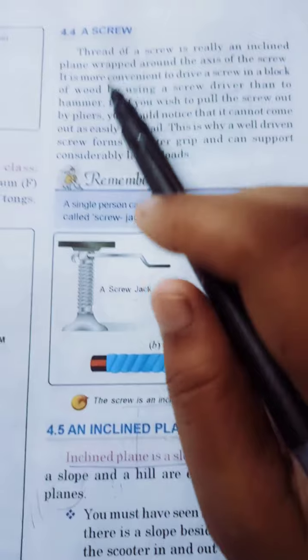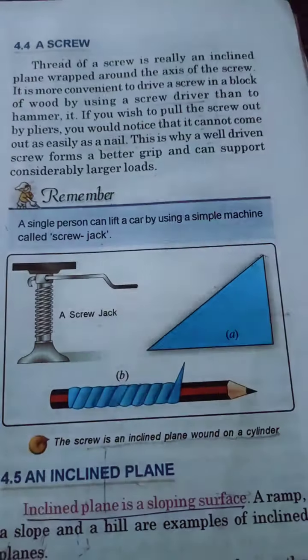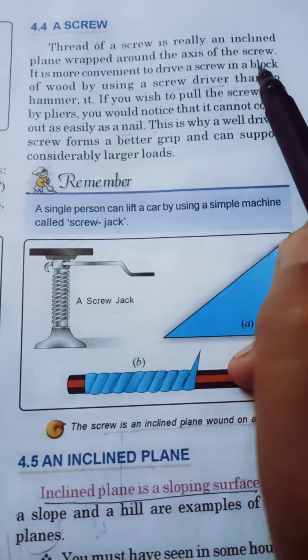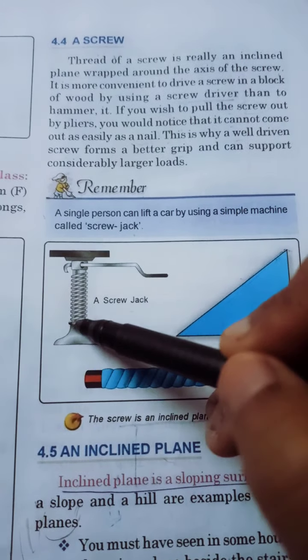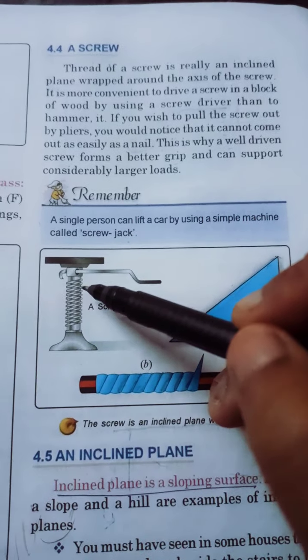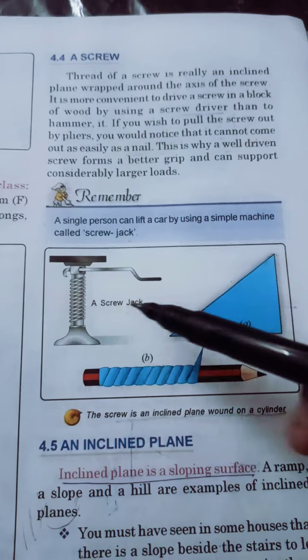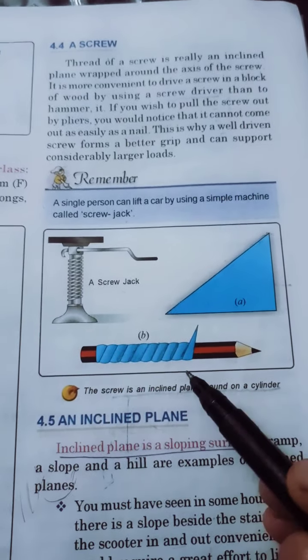Now let us study about it. The thread of a screw is really an inclined plane wrapped around the axis of a screw. It means, see, you all have seen a screw. It has designs like this on it, right? So if we wrap a thread on it, it will come out like an inclined plane.